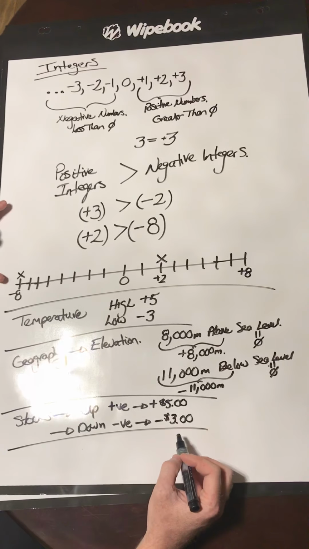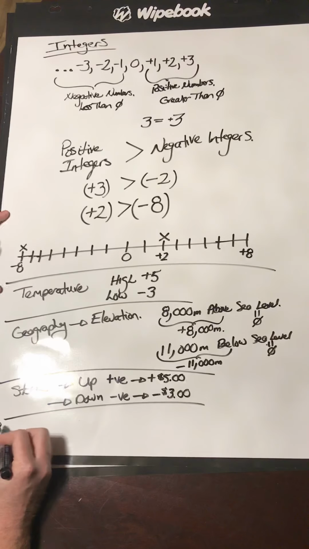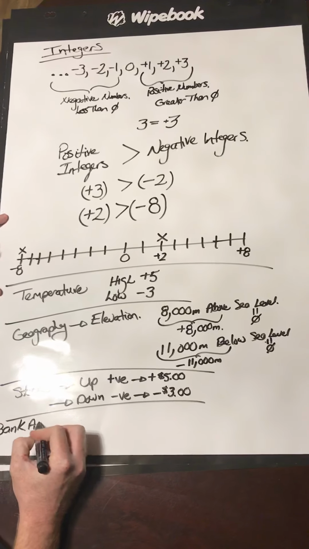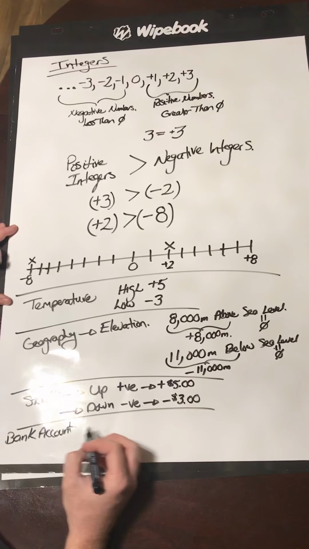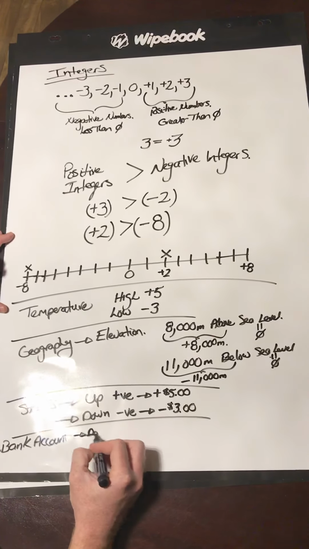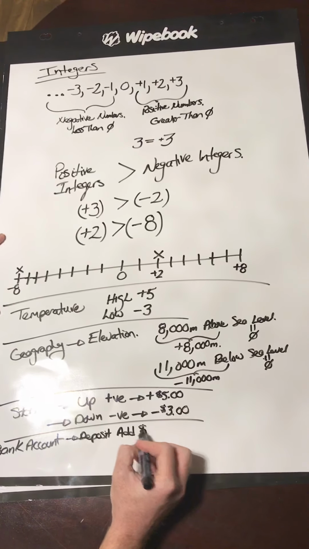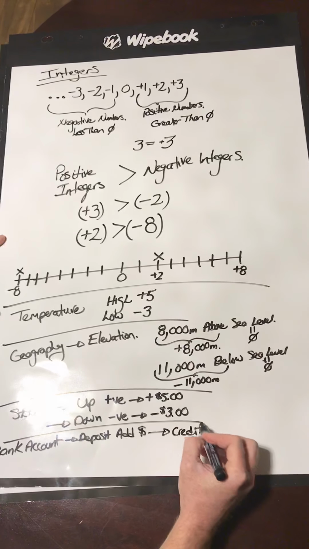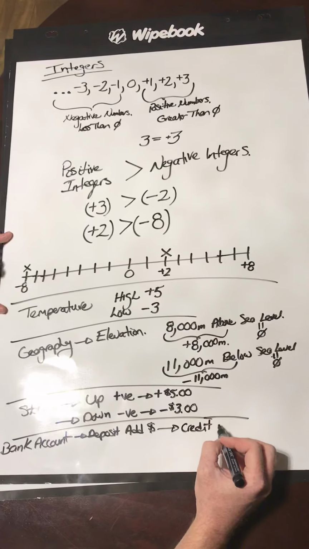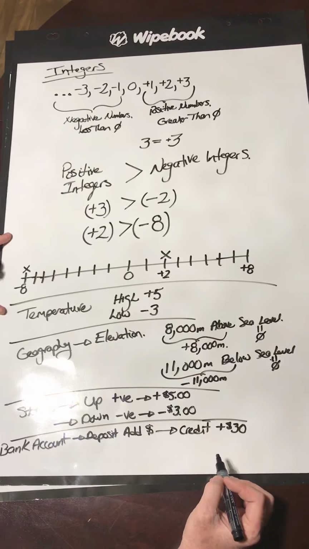Another place you would be interested in this is your bank account. When you put in a deposit or add money, that's considered a credit. So you're adding $30, that's positive $30 to your bank account.